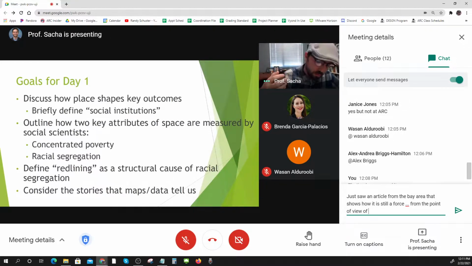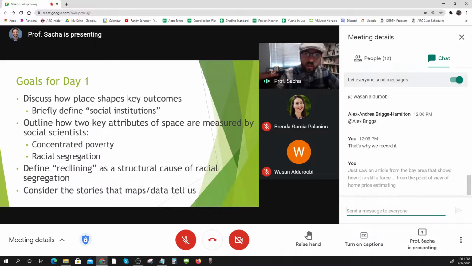Whether it's policy change or resource distribution, or infrastructure, right? We'll be using these maps as a way to diagnose symptoms of these social problems, right?